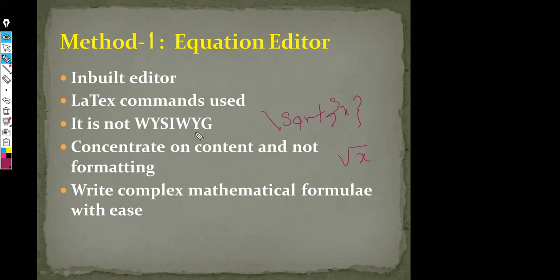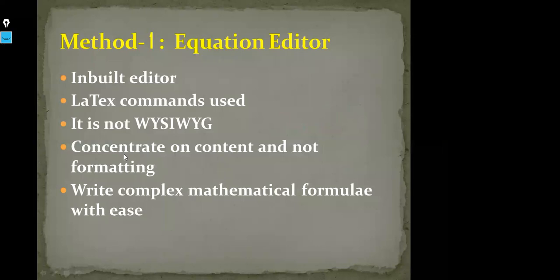This is the reason what you see is not what you get, and that is a problem with LaTeX, and because of that many people don't like LaTeX. But this method concentrates on the content and not on formatting.